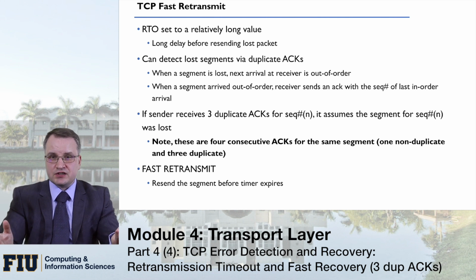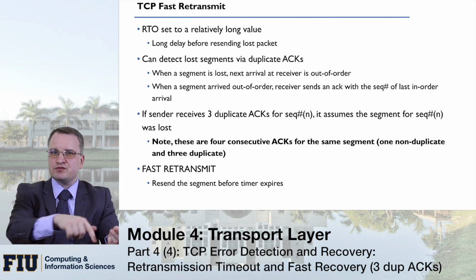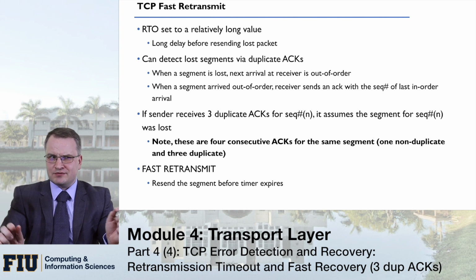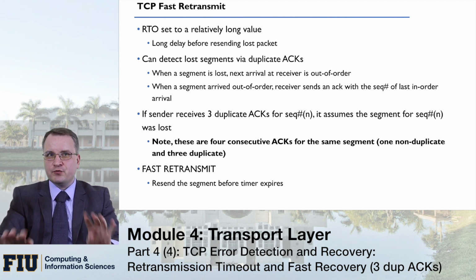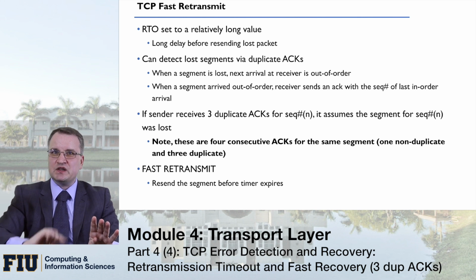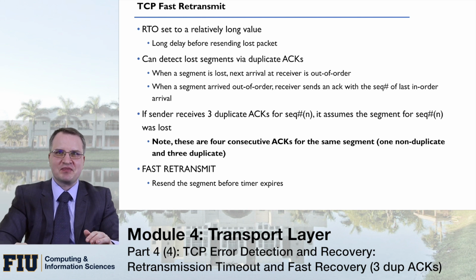So there is an additional mechanism, fast retransmit. What happens is that you assume something bad happened if you receive 3 duplicate acknowledgements, which means you received the acknowledgement for the new data and then 3 duplicates of it. Whenever you look at examples, you have 4 acknowledgements saying exactly the same sequence number; this would be 3 duplicates.